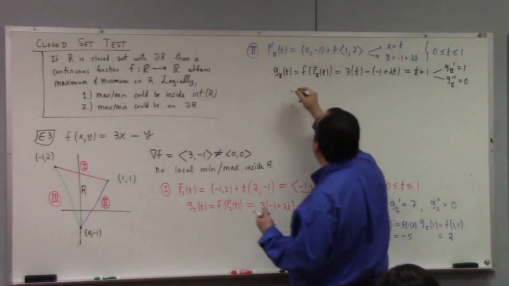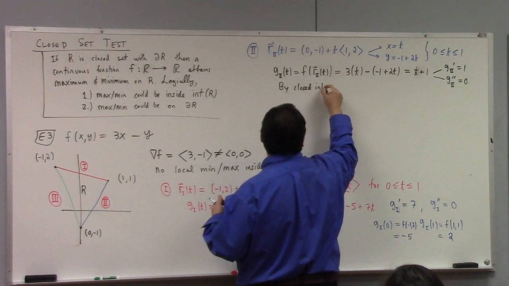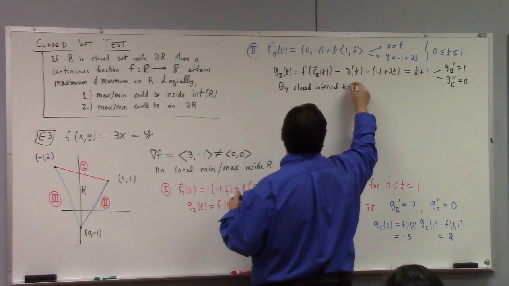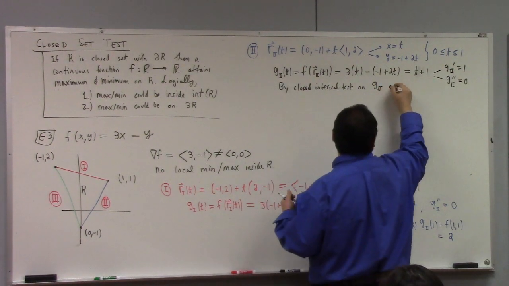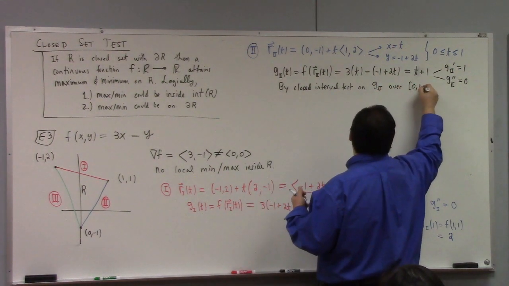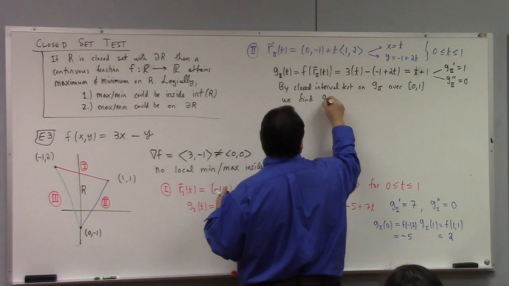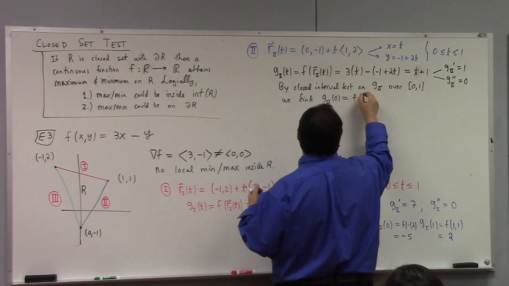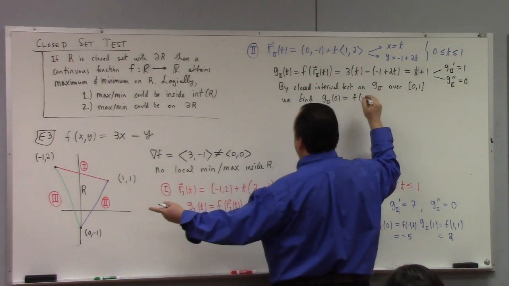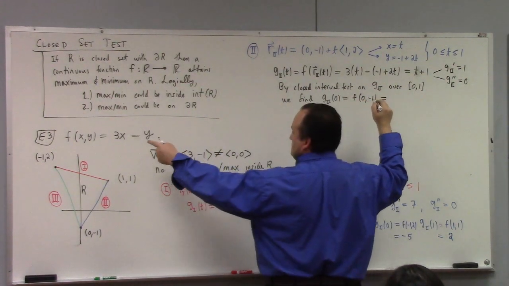Thus, by closed interval test on G2 over the interval 0 to 1, we find G2 of 0, which is equal to f of 0 minus 1, which, by the way, is equal to what?